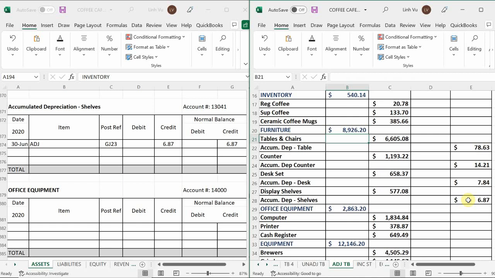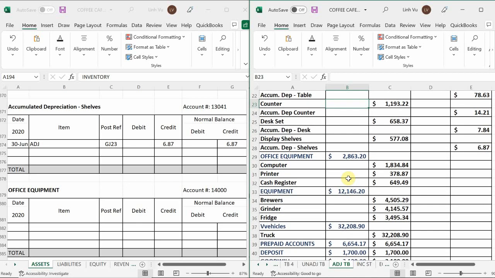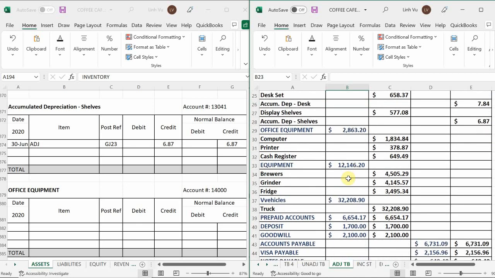Right now, according to my calculations, this is what I deem my book value of all of my furniture is currently standing at. After using it for one month, it's a total value of $8,926.20. Because that was just the first section of fixed assets, you have to do it to every single fixed asset.